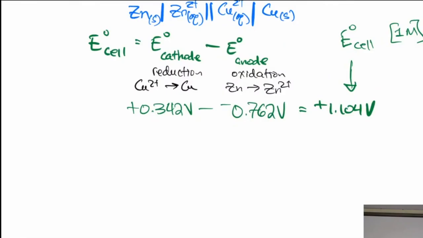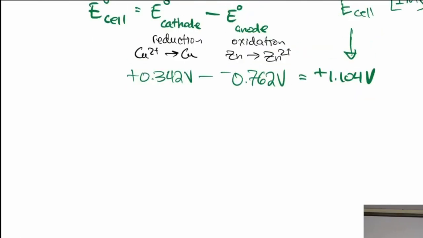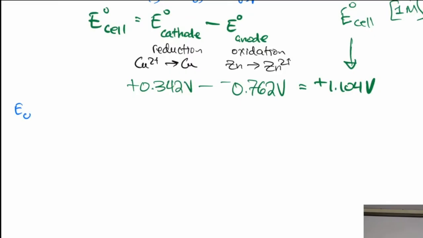All right, so let's just have some fun with this. Let's write this in. So E of the cell is equal to E naught of the cell minus RT over nF natural log of Q. Now, at standard conditions, that's where we're starting.